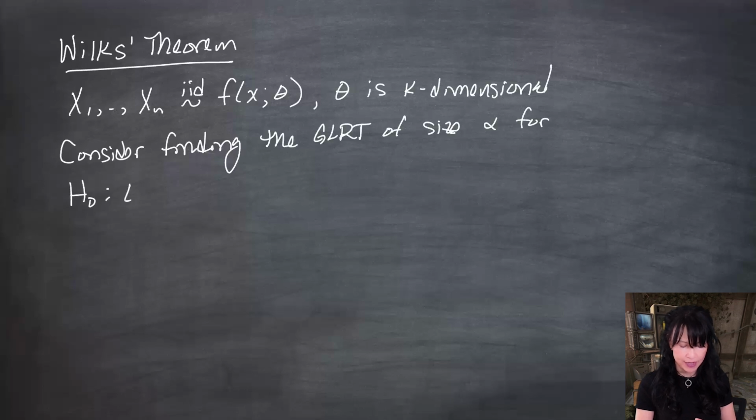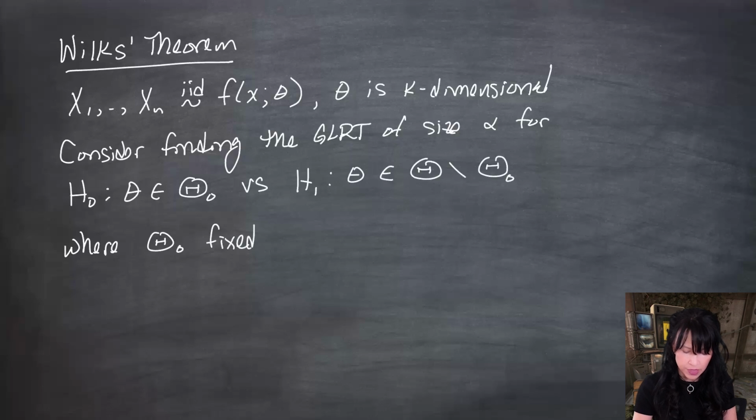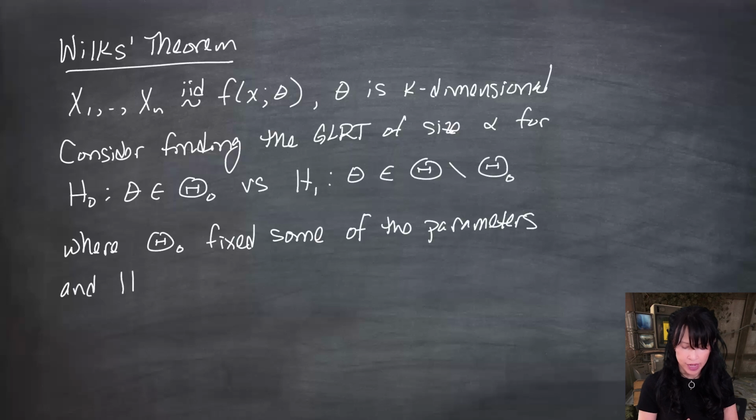Let me first write it kind of not specifically. Theta is in some capital theta naught versus theta is in the rest of the parameter space, where this theta naught has a specific form where it fixes some of the parameters. And then the alternate hypothesis is not the null hypothesis.